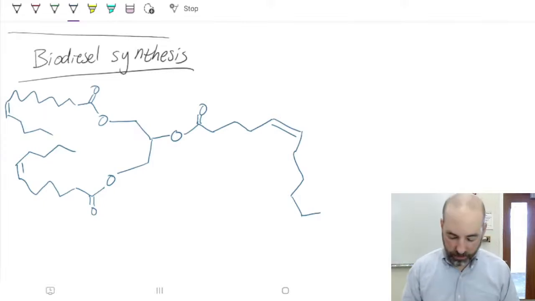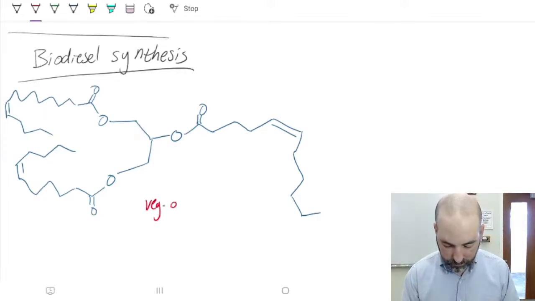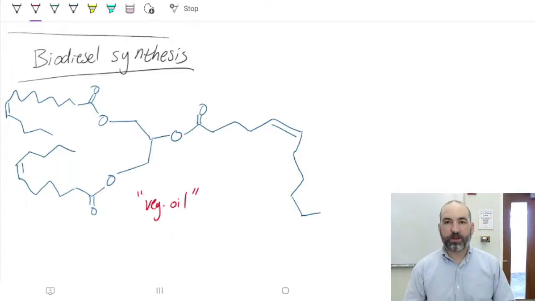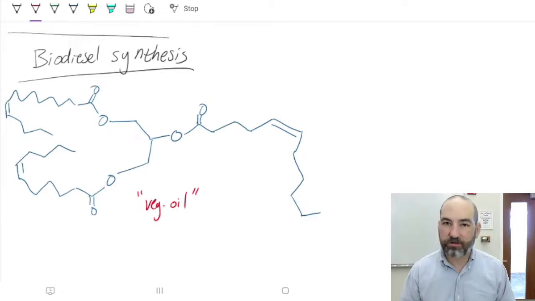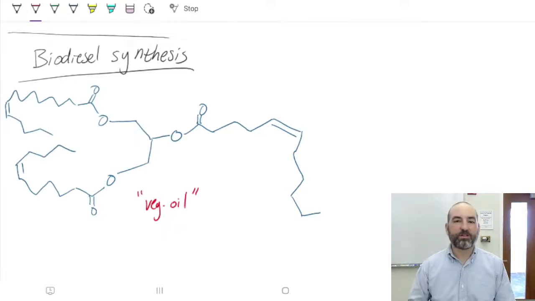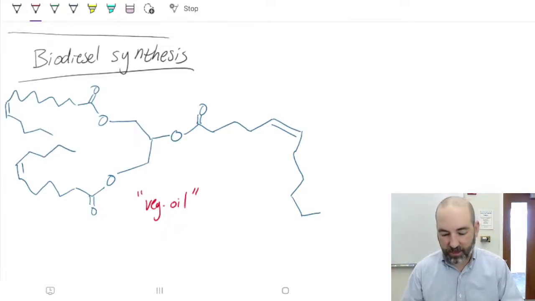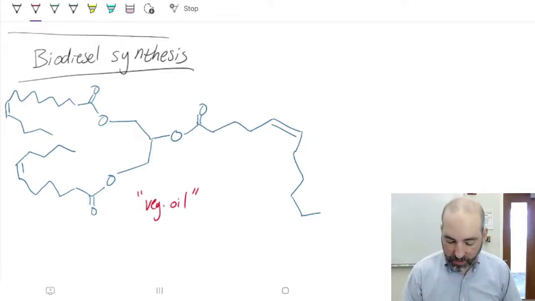There's our vegetable oil. I'm going to put quotes on that because, of course, vegetable oil is a natural product. It's got all kinds of different stuff in it. It comes from a plant. It's a mixture of many different types of triglycerides, but here's one that we're going to say is representative of the whole thing. So that's our vegetable oil.